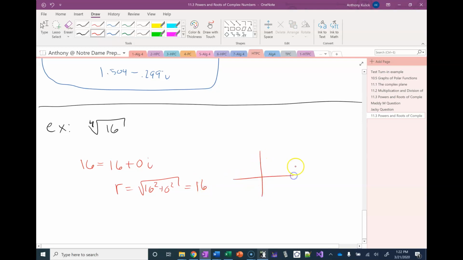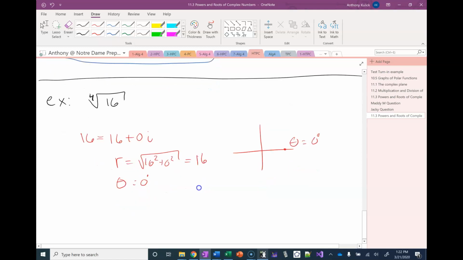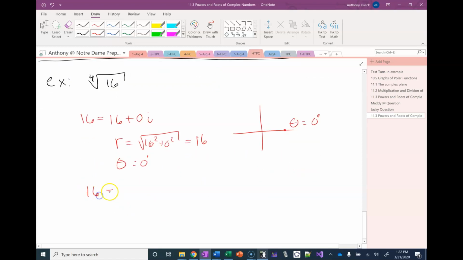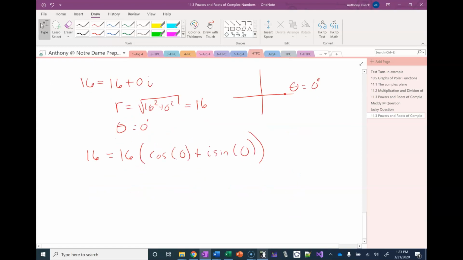And then to find the argument, if I plot 16, 0, that's 16 over and 0 up. So it's easy to see that theta is 0 degrees. So we can say 16 is equal to 16 times cosine 0 plus i sine 0. Okay.